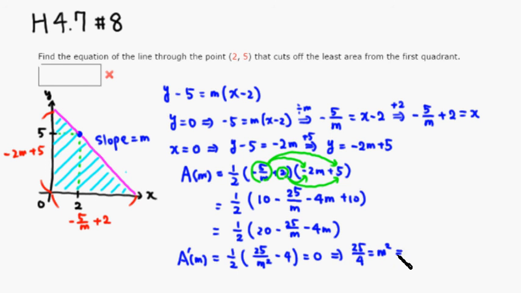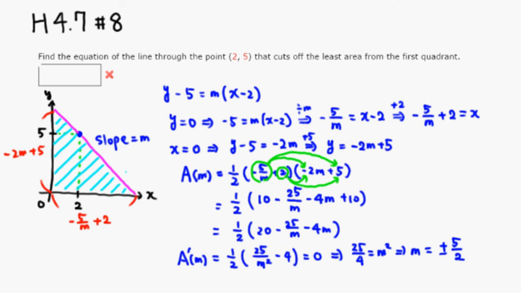Which means that m has to be plus or minus the square root of 25 over 4, which is 5 over 2. In order to create a triangular region, the slope has to be negative, because if it's positive, then it wouldn't enclose a region; it will be unbounded.